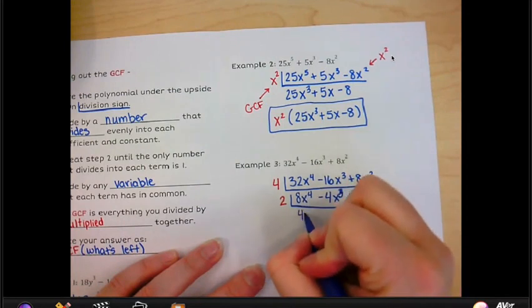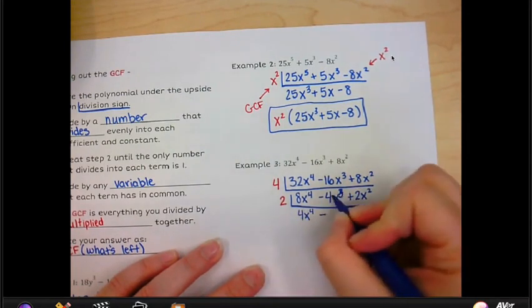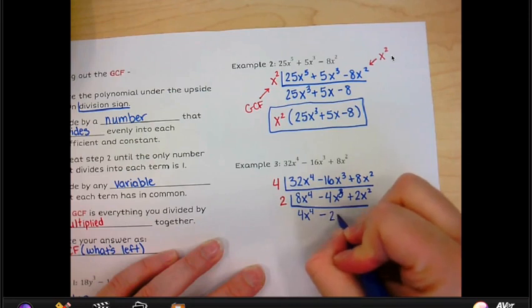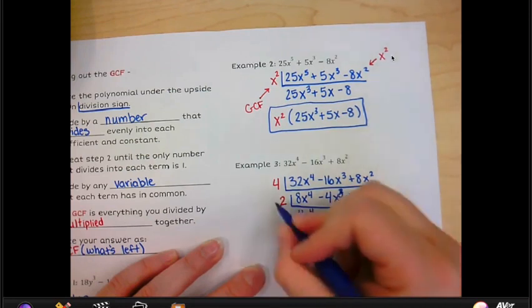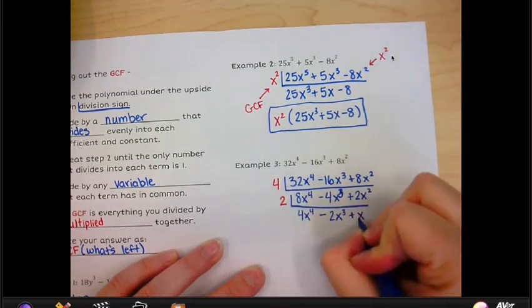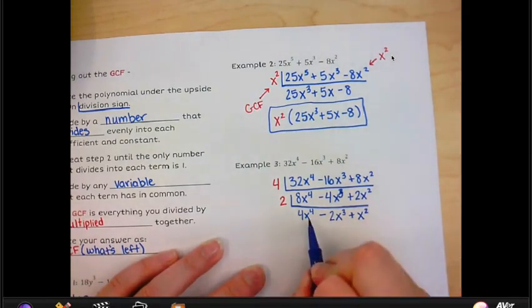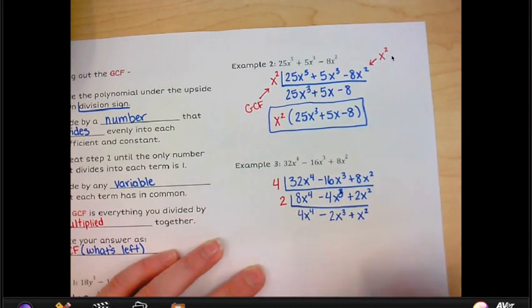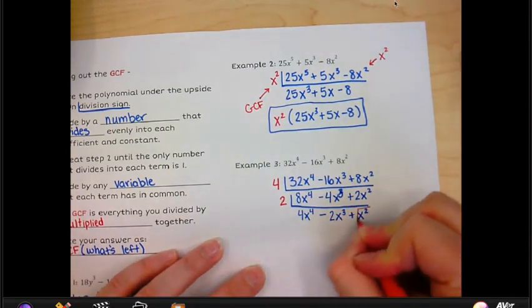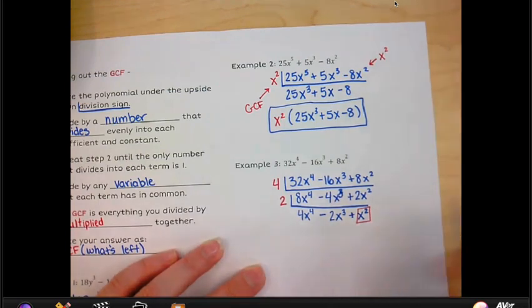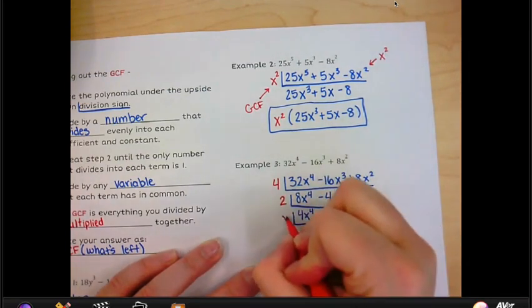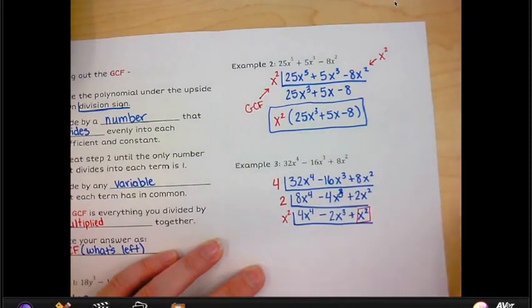8 divided by 2 is 4. Negative 4 divided by 2 is negative 2. And 2 divided by 2 is 1. Also notice we have a variable in each of these. And in fact, over here, we have this x squared as our smallest exponent. So I can divide out that x squared.